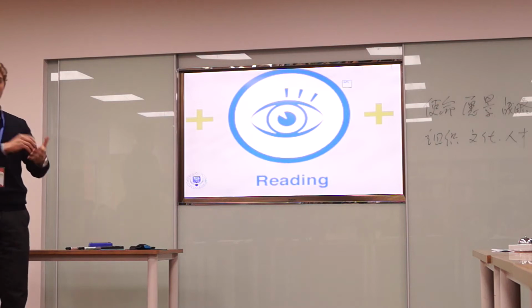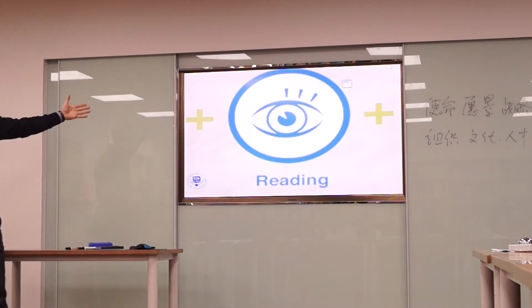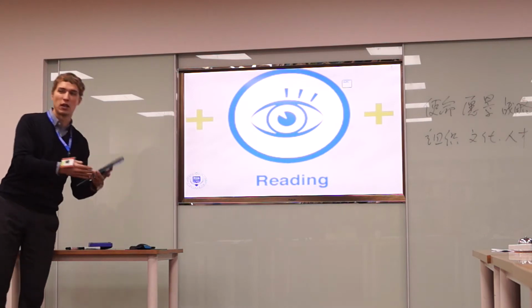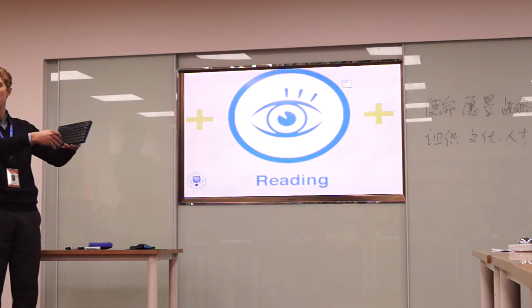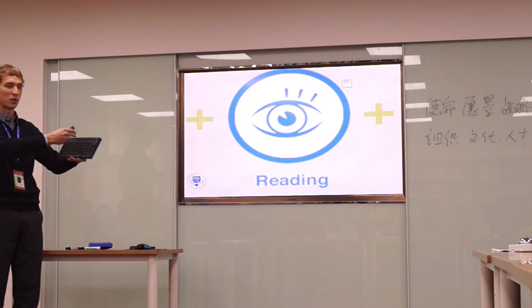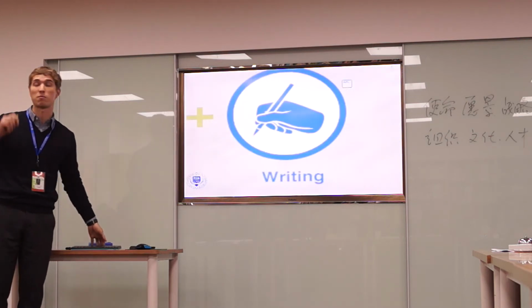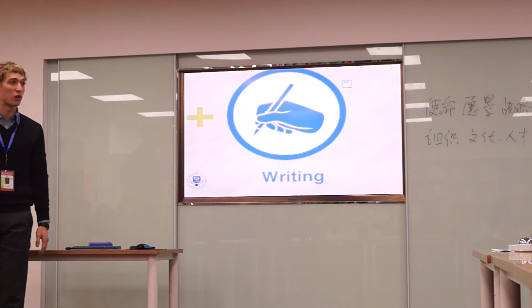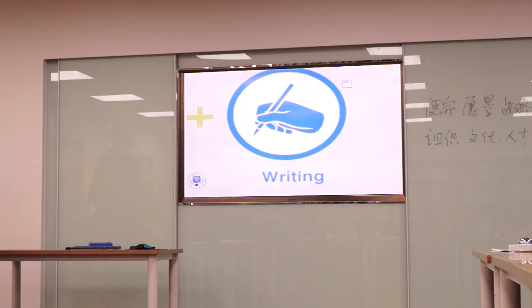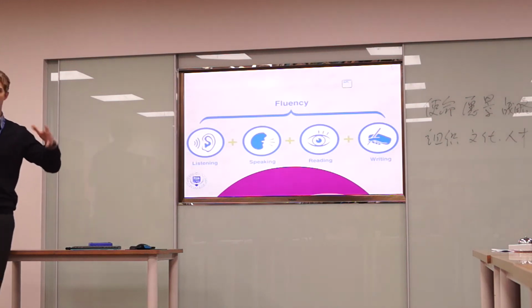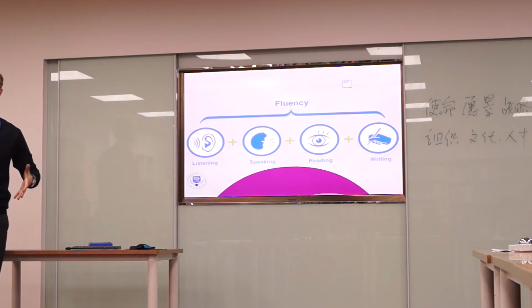Be able to read handwriting, screen, even keyboard. Right now, most of the time we read off the keyboard. They need to be able to read the digital information as well. And finally, writing. They should be able to spell the words, write the words, and be able to read them after that. So these are four major components that we try to incorporate into our teaching process.